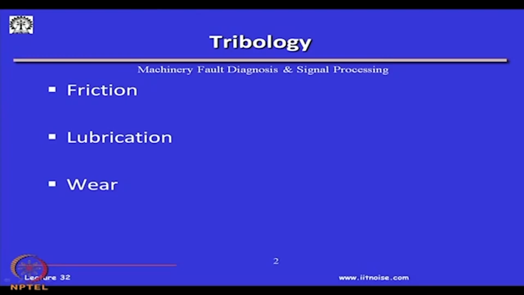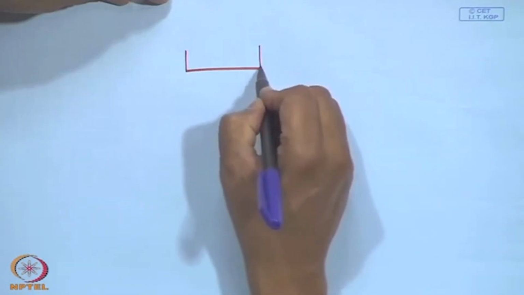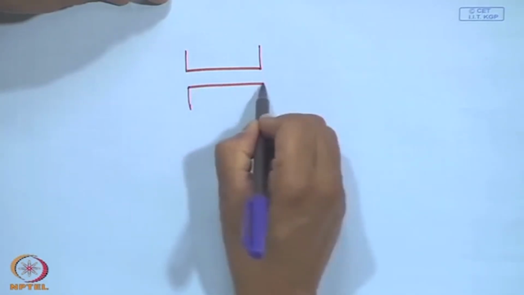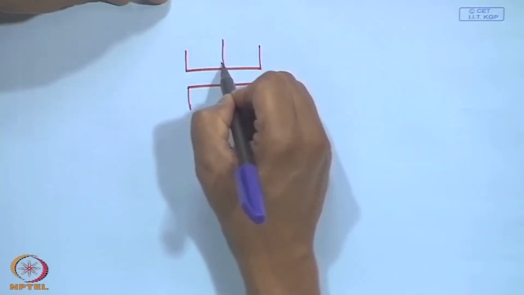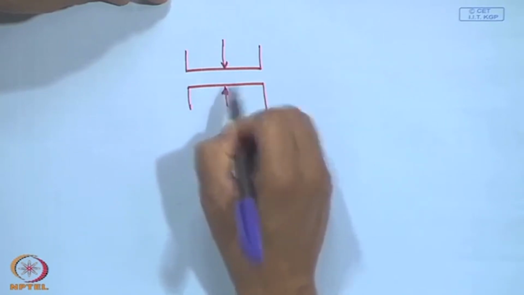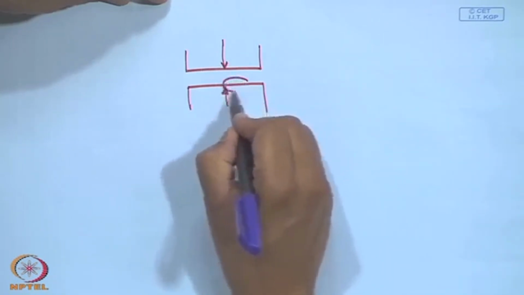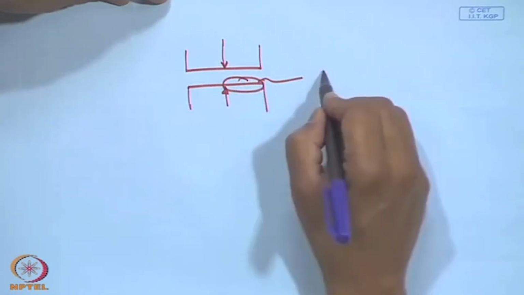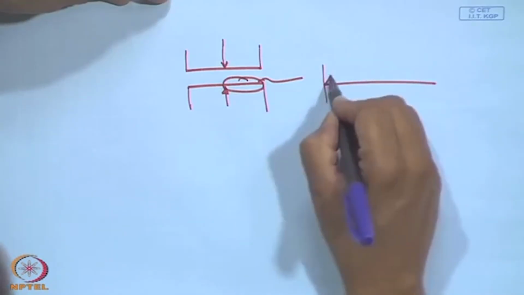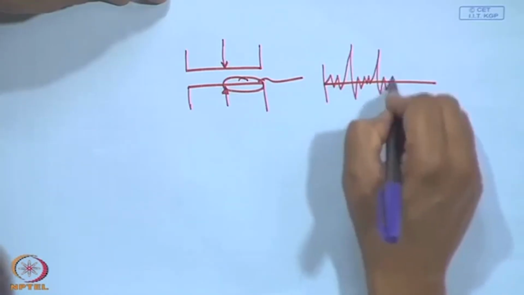As you know, tribology is a study of friction, lubrication and wear in mechanisms or machines. For example, when we have two machine members interacting with each other, there is a normal force onto them, and these surfaces may not be smooth, as I showed you in the case of the bearings. They may have a surface roughness.